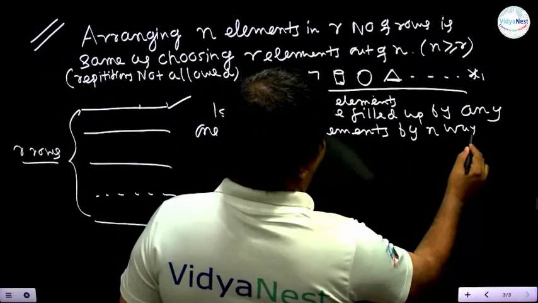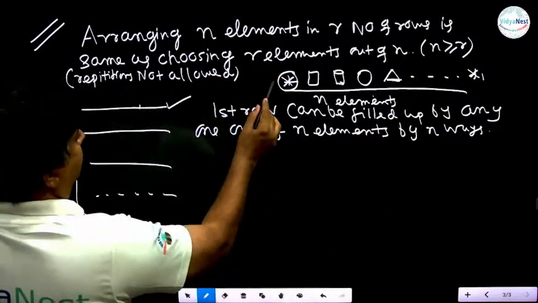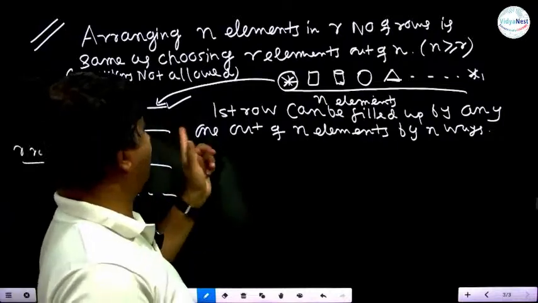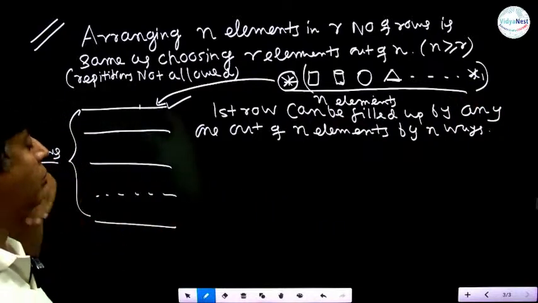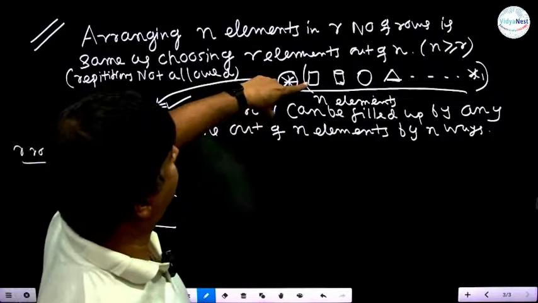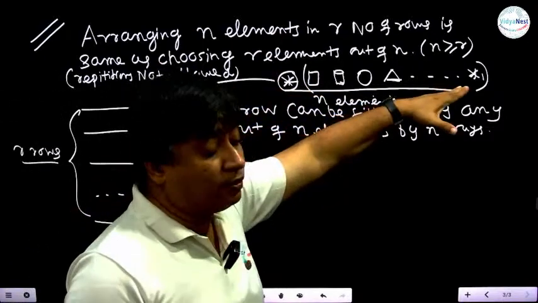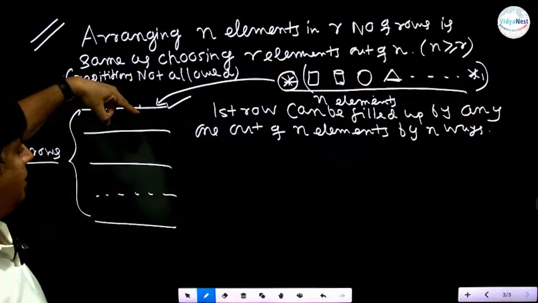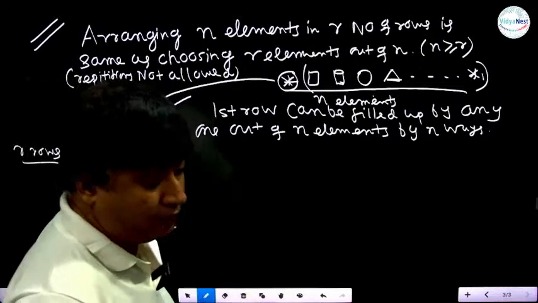Why n ways? Why not one way? Because suppose I am calling this person to occupy the first row. That means for the second row, how many persons are still waiting? N minus 1. But who said that this person must come? I could have called this person, I could have called the next one. In this way, I could have called anyone out of these n students to occupy the first row, and that is one way. Yes or no? Yes, sir.